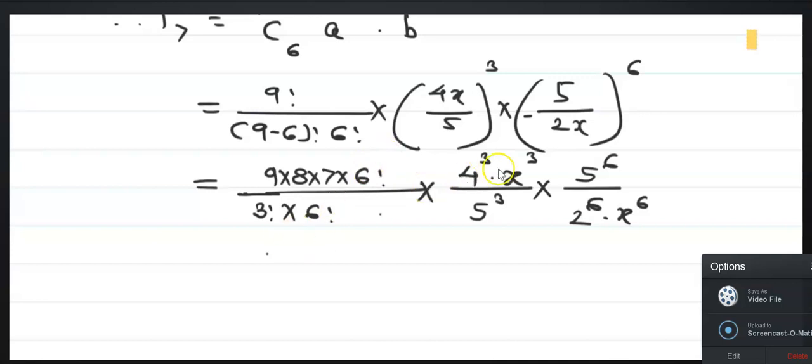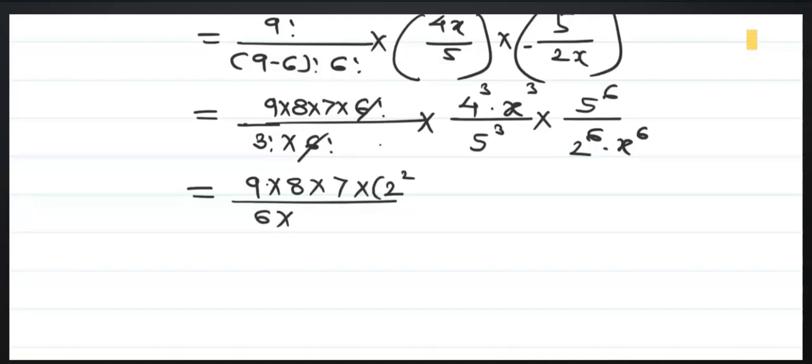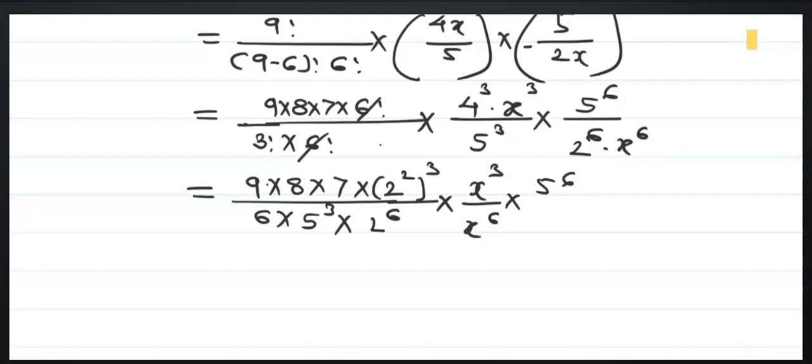That is 4 raised to 3 x cube upon 5 raised to 3 into 5 raised to 6 upon 2 raised to 6 into x raised to 6. And next, 9 into 8 into 7 upon 3 factorial, which means 6. These are the terms.